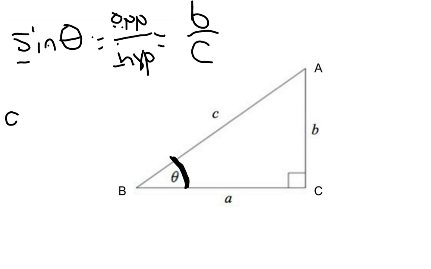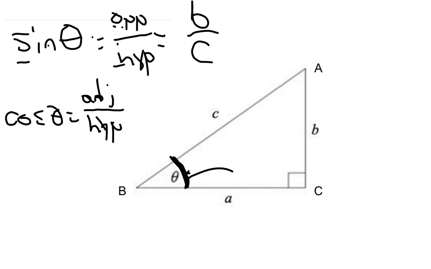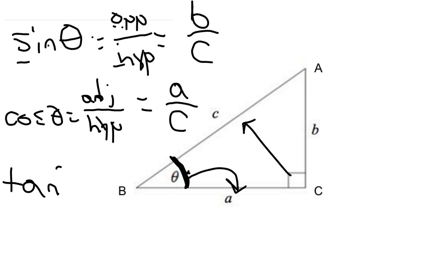If I want to find the cosine of theta, remember it's CAH, C-A-H, so cosine is equal to the adjacent over the hypotenuse. So if I'm looking at theta, my adjacent side is A, my hypotenuse is C. So this one would just be A over C. And my tangent of theta, tangent is TOA, opposite over adjacent.